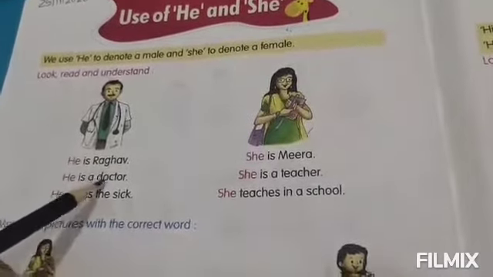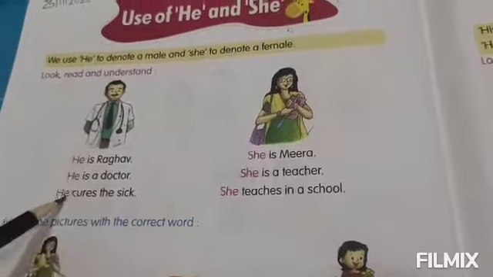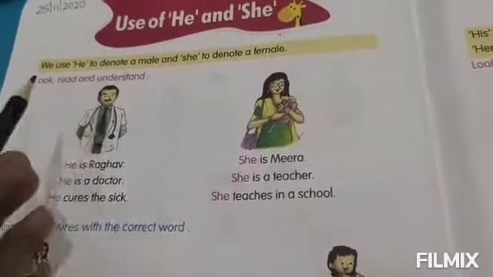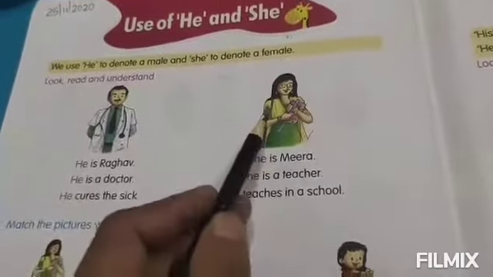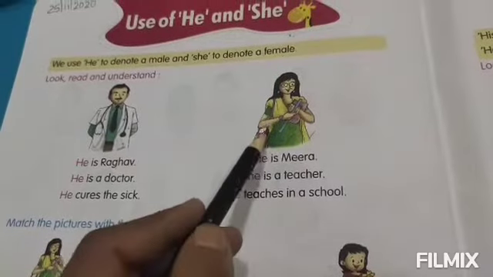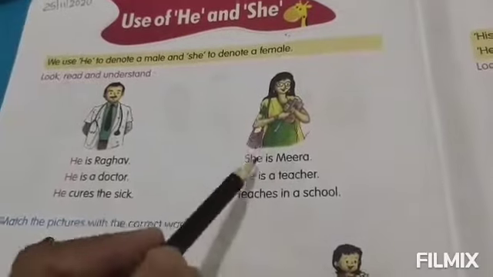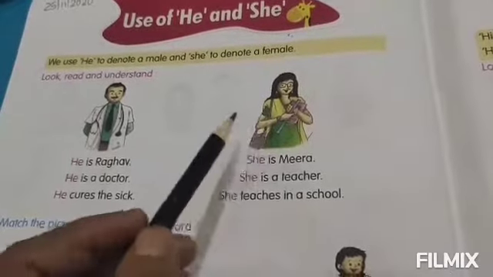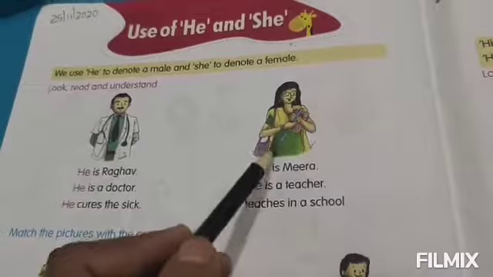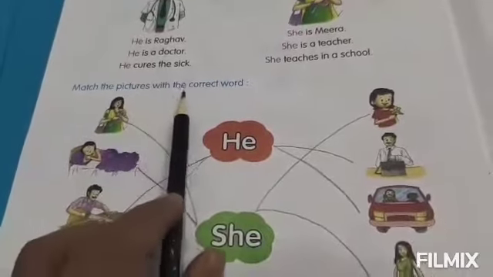He is a doctor. He cures the sick. And she is Meera. Here is a picture of a girl, so she is Meera. She is a teacher. She teaches in a school.